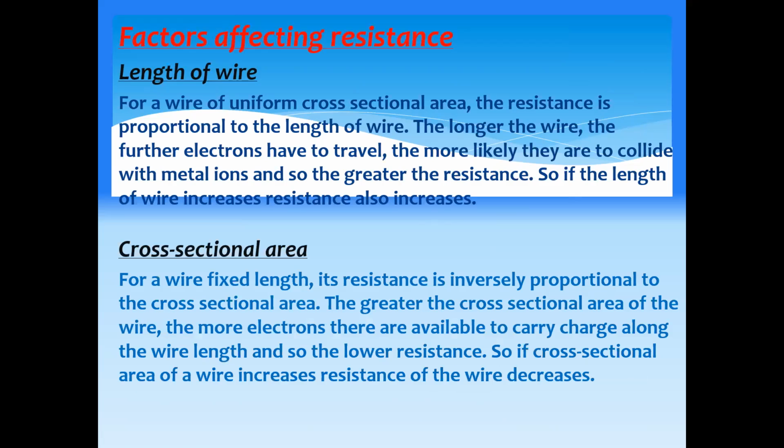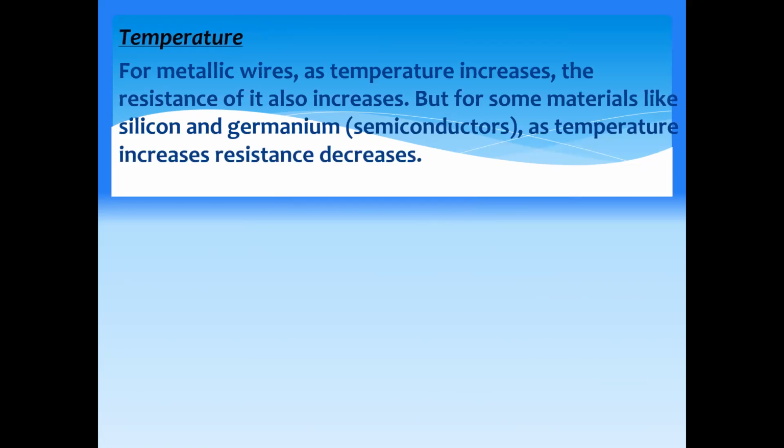So the length of the wire, the cross-sectional area, and the temperature also have an effect. Increasing the temperature increases the resistance of the wire for metals. So we have types of materials, mainly three, but in terms of conduction there are two. One is the conductors, such as metals.